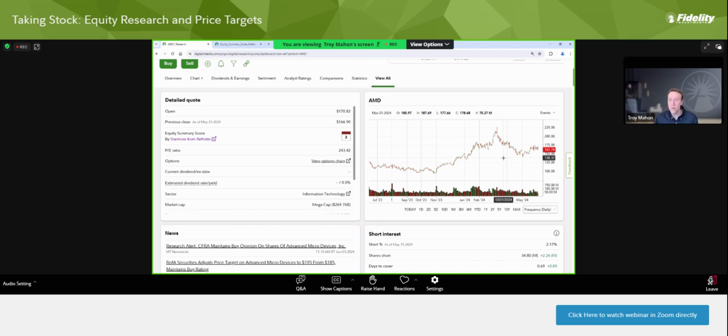Whereas some might be more growth at a reasonable price in terms of their outlooks. They might say, we're pretty optimistic on their growth prospects, but the stock is now $40 per share cheaper. So maybe that's telling us there are more reasons to buy AMD at lower prices.